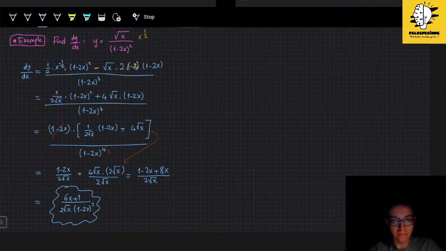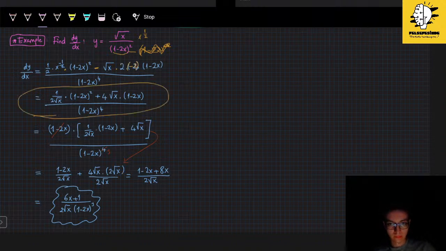Sorry guys, its power is not minus 2. We take it as it is. Do not assume that it is 1 minus 2x to the minus 2 in the quotient rule. Please don't do that, I made a mistake. When we take the derivative of the inside function, we find this at the end.